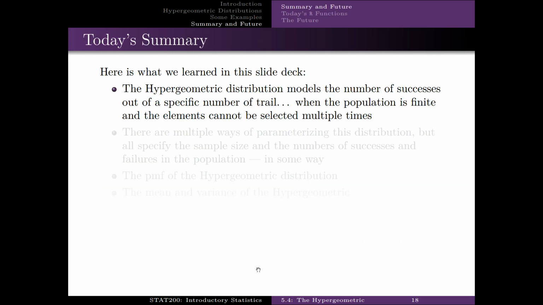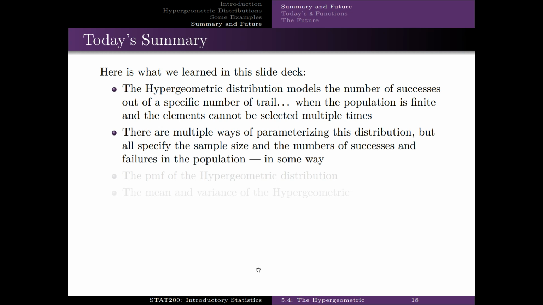So the summary: hypergeometric models the number of successes out of a specific number of trials when the population is finite and the elements cannot be selected multiple times. There are multiple ways of parameterizing this distribution. I gave you 2 of them, but they all specify the sample size, the number of successes, the failures in the population in some way.